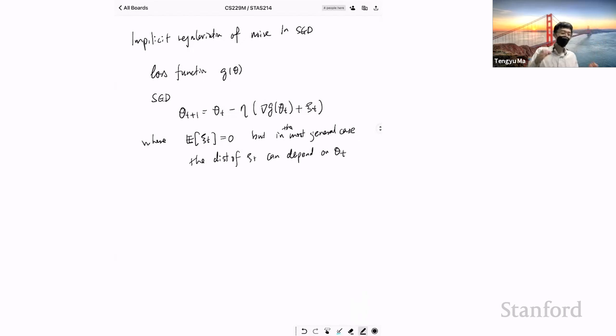So the noise distribution depends on which point you are evaluating at.